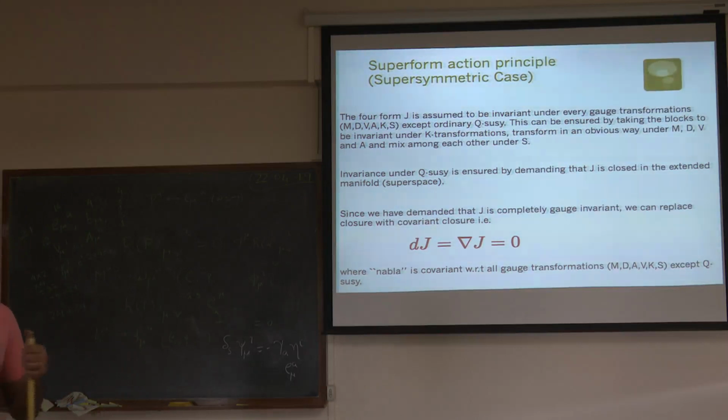So basically you need to write down this 4 form and demand that it is covariantly closed. By construction you make it invariant under all these bosonic transformations as well as S supersymmetry, and you demand that it is covariantly closed, which automatically makes it invariant under Q supersymmetry also. That is how we will construct these invariant actions.